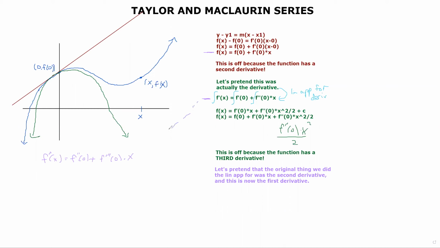And if we go through all the same processes we just did a second ago, and we integrate this, we get f prime of x is equal to f prime of 0 plus f double prime of 0 times x plus f triple prime of 0 times x squared over 2. All right, confused yet? All I'm doing is I'm saying let's give this thing a name. Let's call it something else's derivative.